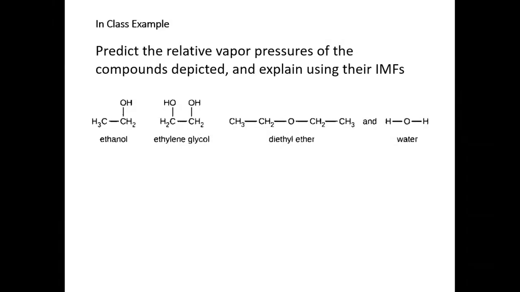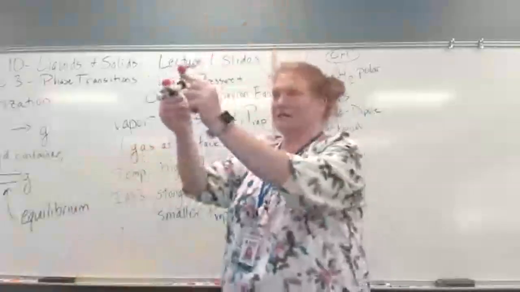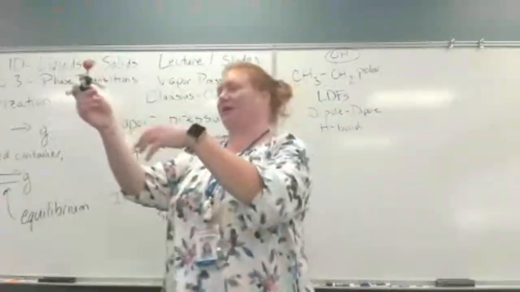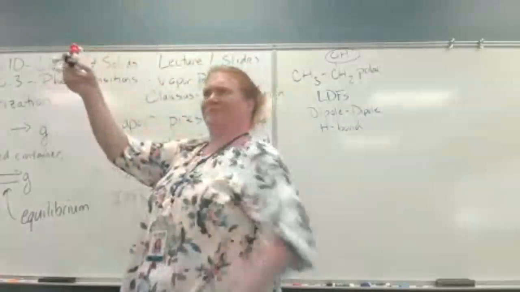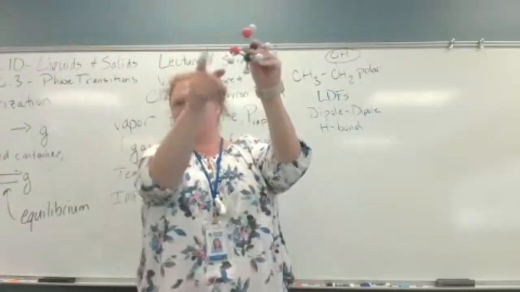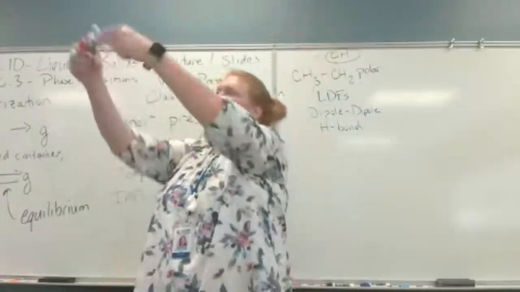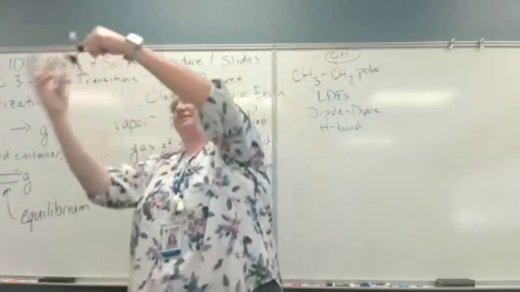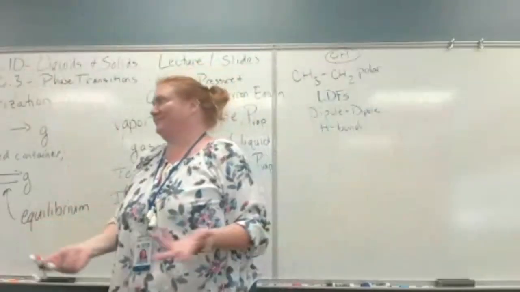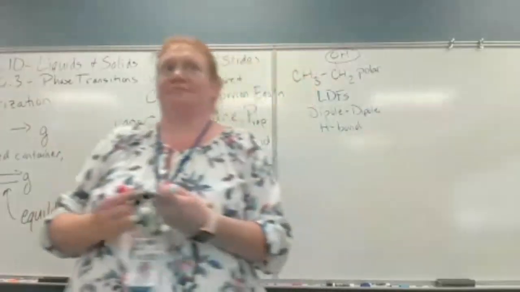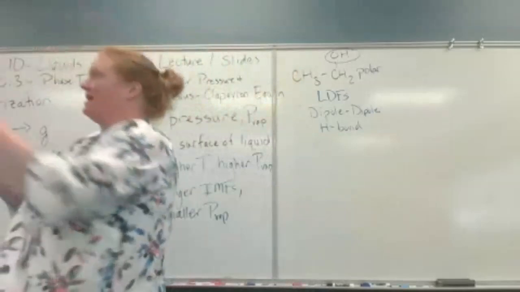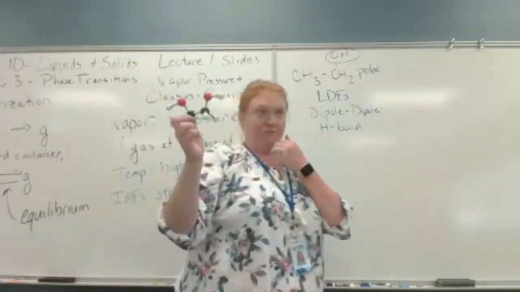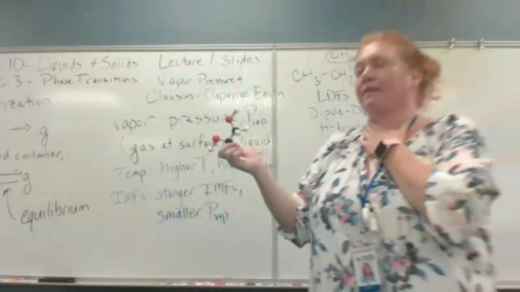Okay, you guys, this is where you do have to have a little bit of knowledge about shape. Is everything around that oxygen symmetrical? This is not symmetrical. Polar. Dipole-dipole.